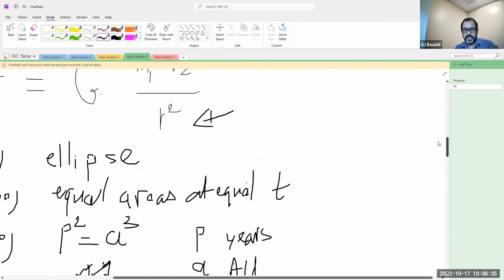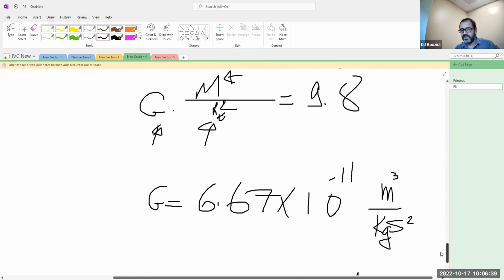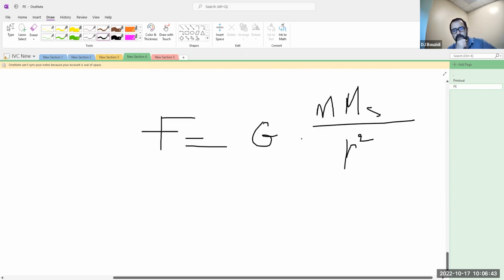Everything up to this point, all of the 3 laws of Newton, all of them well explained perfectly. The only trouble was planet Mercury, which gave him a headache because it has an error in it. So Mercury was a puzzle for several centuries until Mr. Einstein came up with a better explanation than this law of gravity.